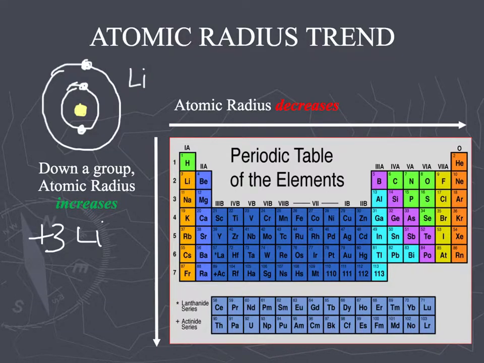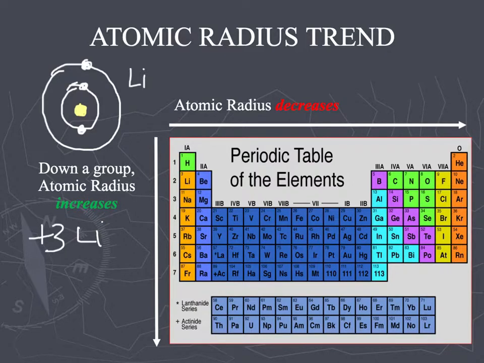These electrons partially shield the electron in the outer energy level, which in this case is the second energy level. The pull on the electron from the nucleus is slightly reduced because we have a little bit of blocking from the two electrons closest to the nucleus.